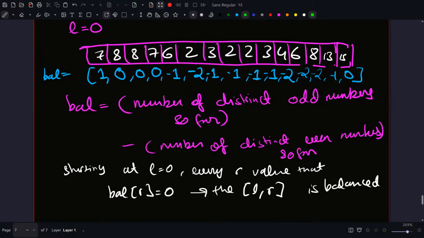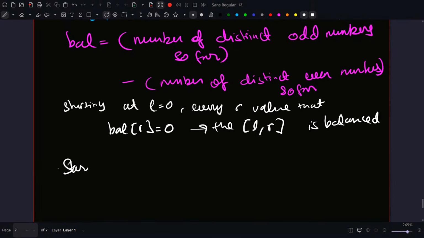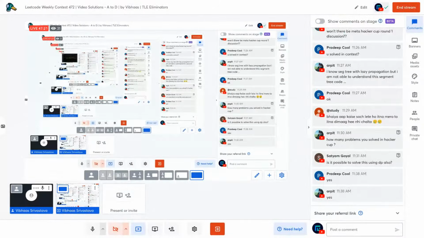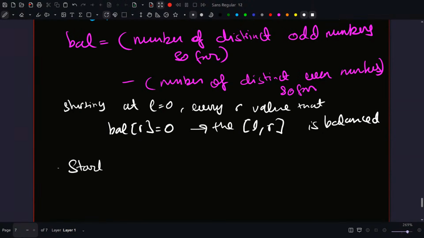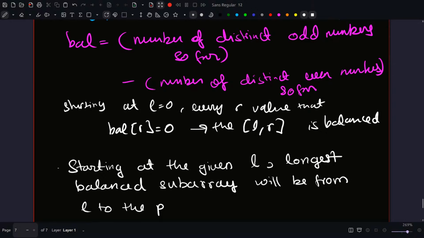So now what I can say is the last 0 which occurs in my array is going to be the longest balanced subarray starting at this L. Starting at the given L, the longest balanced subarray will be from L to the position of the last occurring 0.